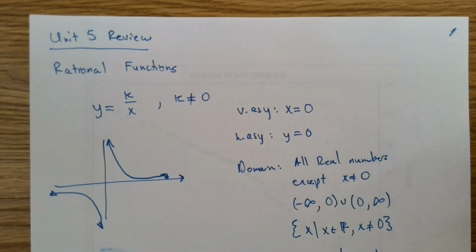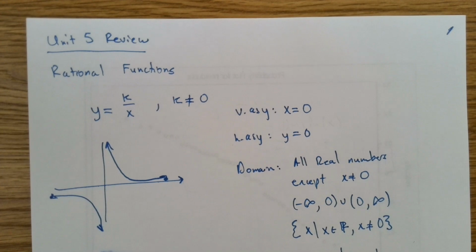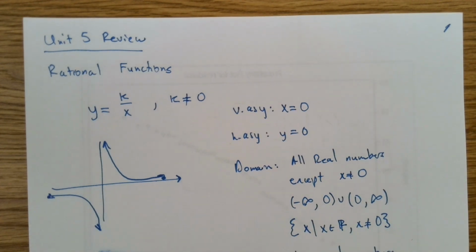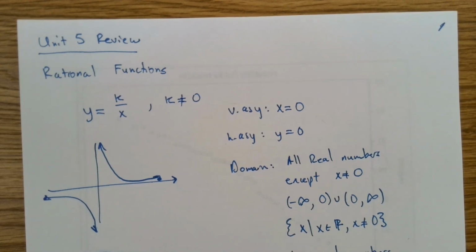So then we looked at graphs of the form y equals k over x to the n. And these graphs have all the same characteristics as the previous one, with the one exception that the shape of this graph, when n is even, looks like this.